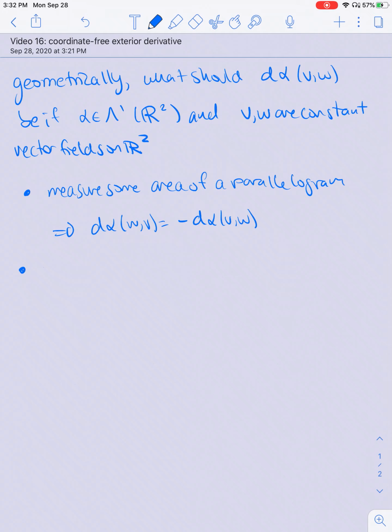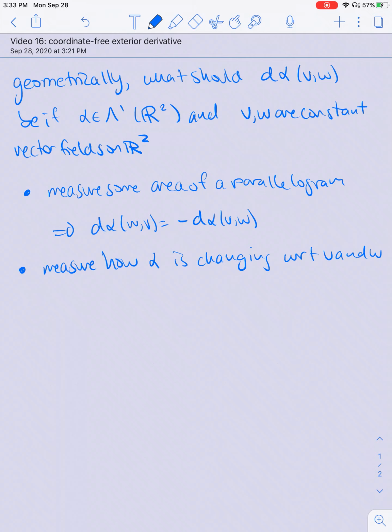And it should also somehow measure how alpha is changing with respect to V and W. So we'll first think about how I could possibly cook up something that deals with this second bullet point, and then we'll go back to the first.